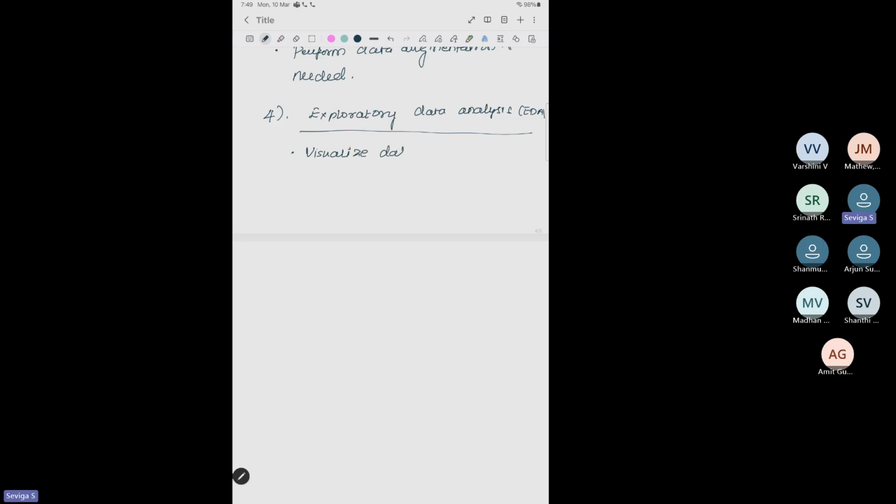Whether it is imaging data or tabular data, any kind of data you are using, you have to visualize the data distribution and correlations. Then you have to identify if any patterns are present in the data, or any biases or outliers. Visualization can help you identify these things. And then you can use a statistical method to understand the data characterization.